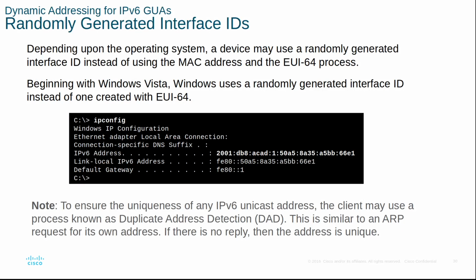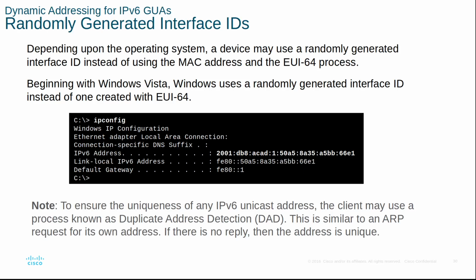Alternatively, you could use the randomly generated ID. This depends on the operating system. Windows has been using this ever since Windows Vista. So what they do is they create a random client portion of the address, or interface portion of the address, instead of using the EUI-64. And because it's random, they have to have some mechanism of resolving whether it's unique or not.